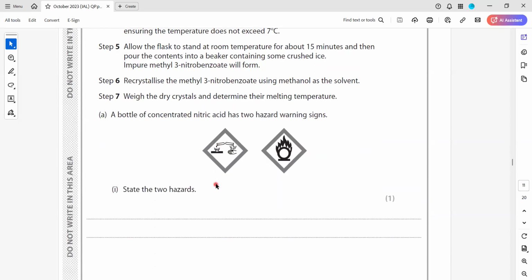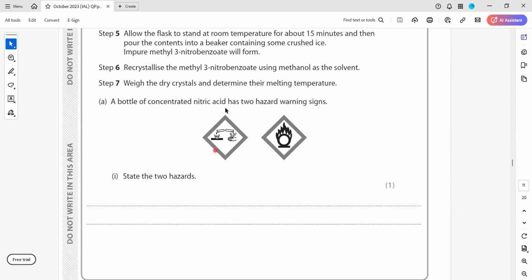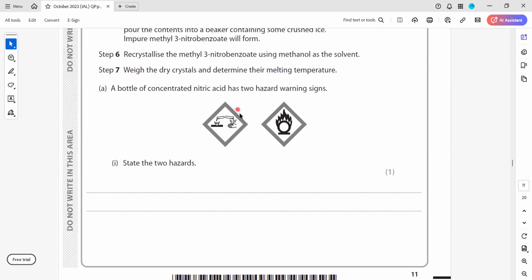A bottle of concentrated nitric acid has 2 hazard warnings. State the 2 hazards. Look, when a fire is there and the letter O is there, what does it mean? It does not mean flammable. You have to write it is oxidizing. Don't write flammable. They do accept flammable, but the best is oxidizing.